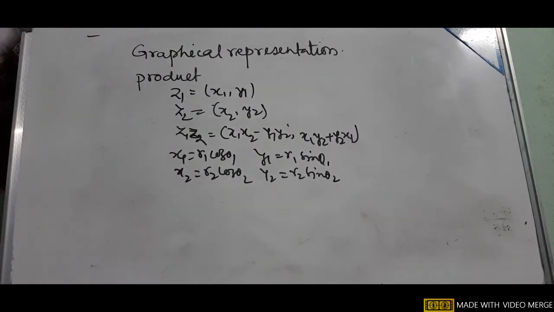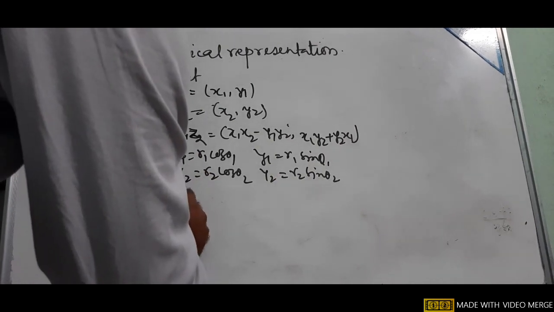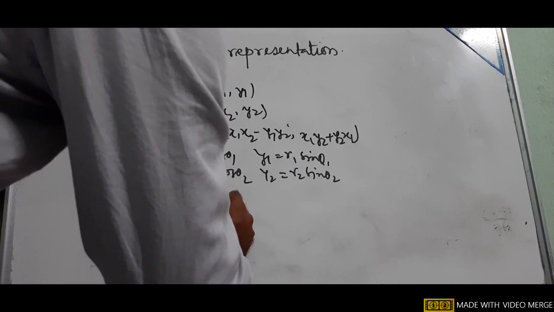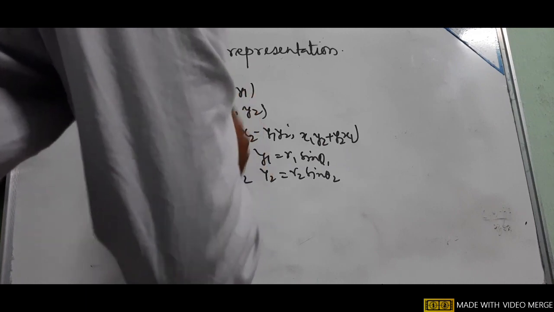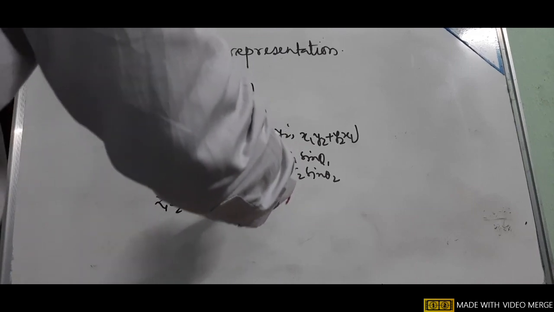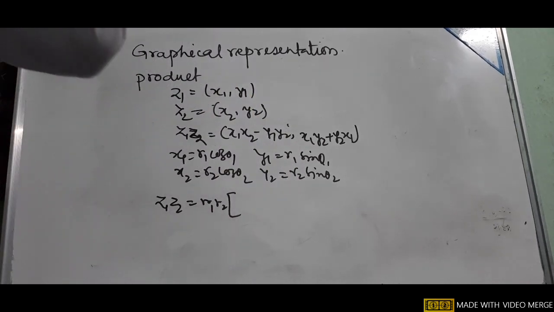Okay. So to multiply z1 and z2, this becomes r1 into r2, and then (cos theta 1 plus i sin theta 1) times (cos theta 2 plus i sin theta 2).